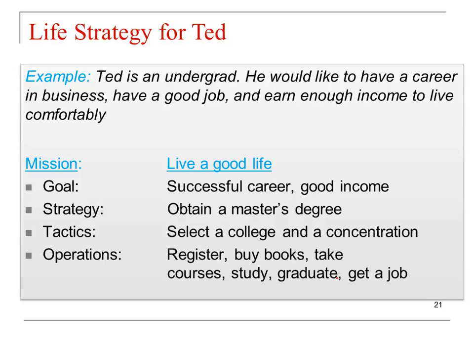Strategy, maybe go for a master's degree. Tactics, select a college and concentration. Operations, register, buy books, and so on. Okay, so this is basically linking what we discussed in terms of the mission, strategy, tactics, and decisions for a company.